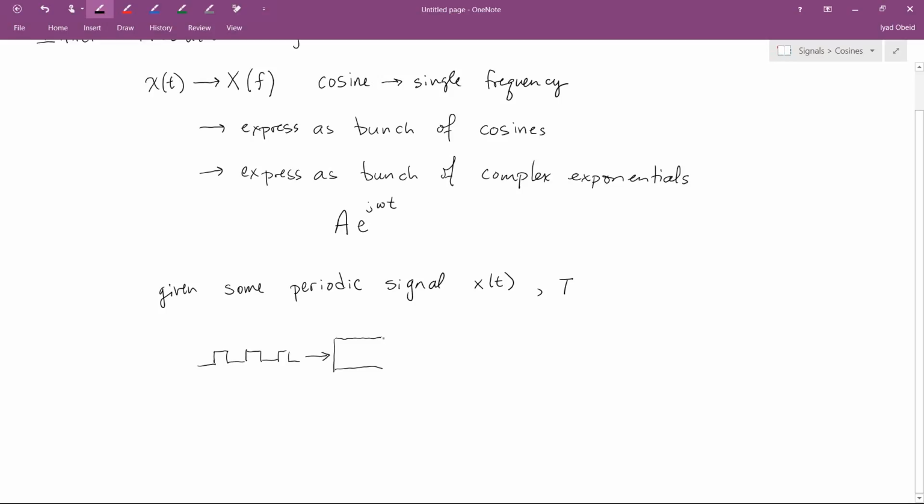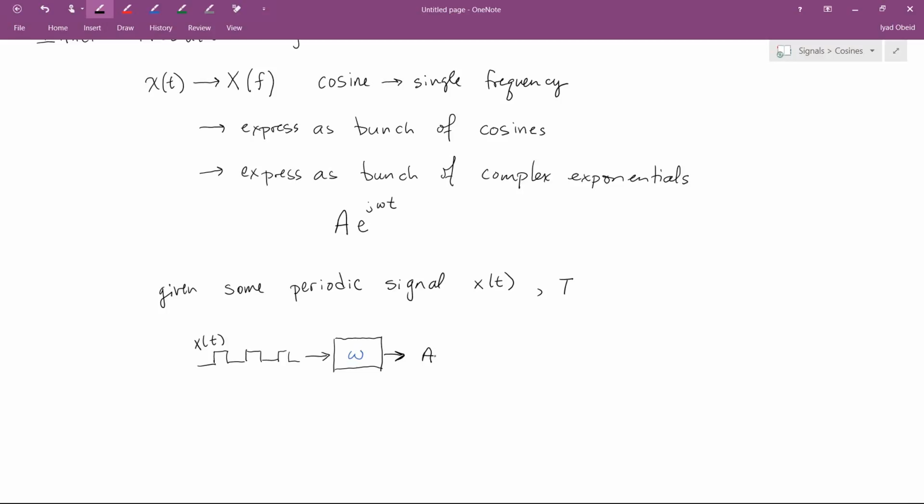and the box is going to allow us to ask, hey, does this signal x of t contain any energy at frequency omega? Okay, does this signal contain any energy at frequency omega? And what will come out of this box is the complex number a, and it will tell us whether or not there is any energy at that frequency.